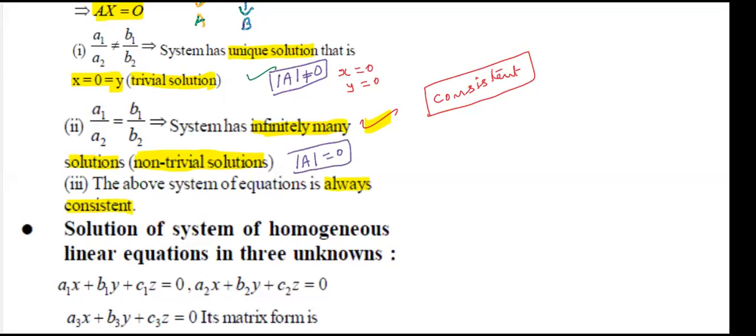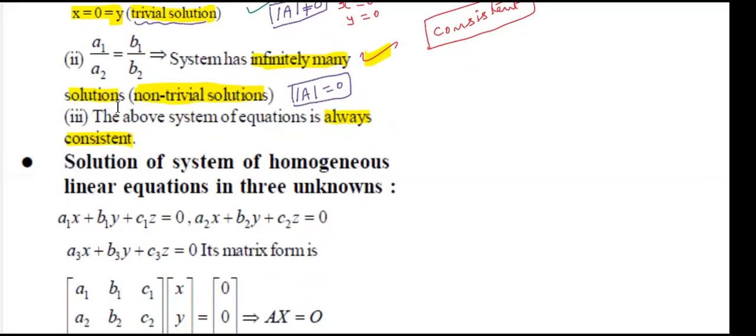By using the determinant, not equal to 0 means trivial solutions. Equal to 0 means non-trivial solutions. Students, did all of you understand now?